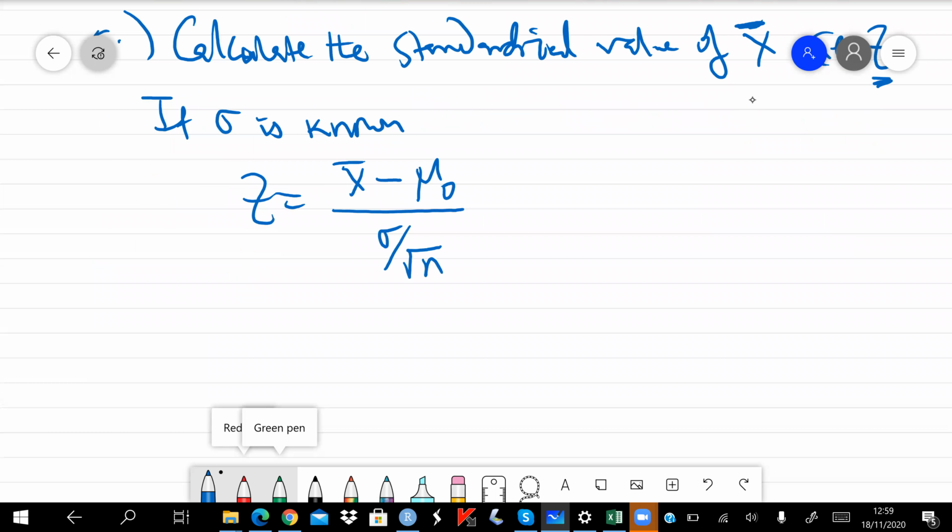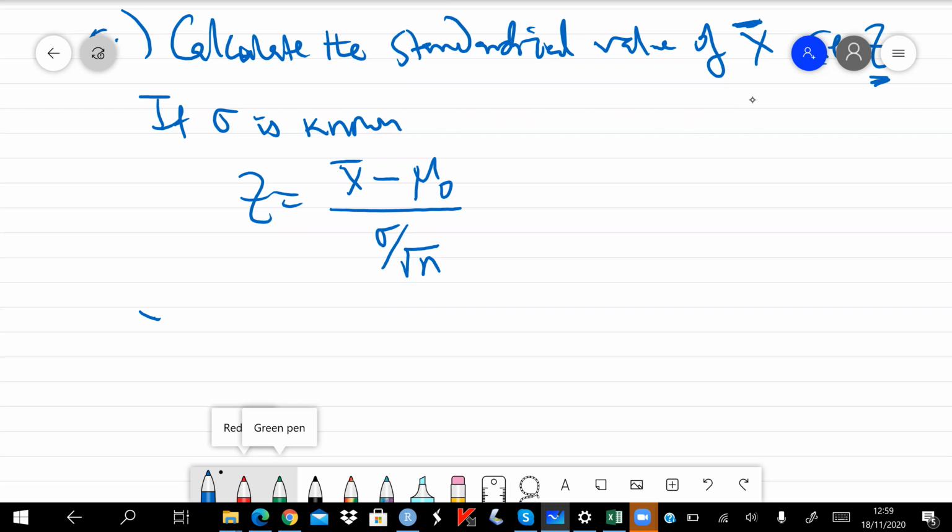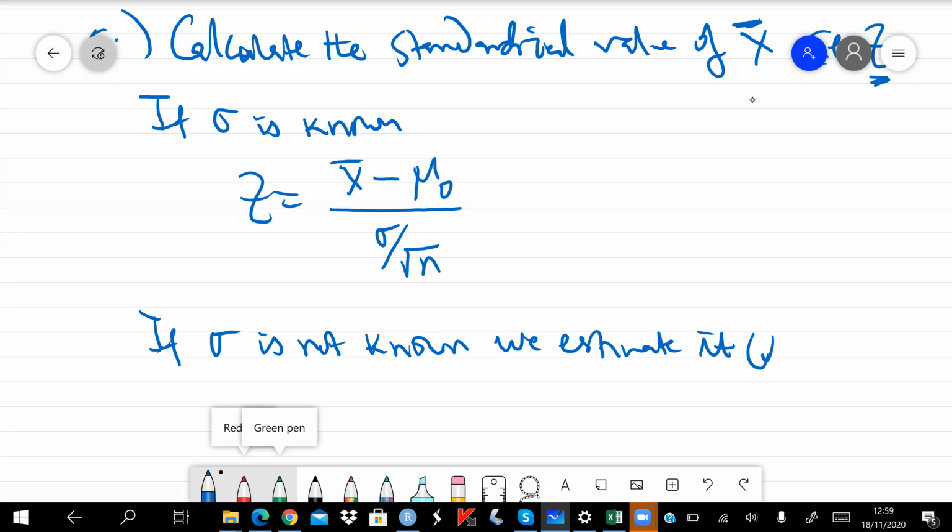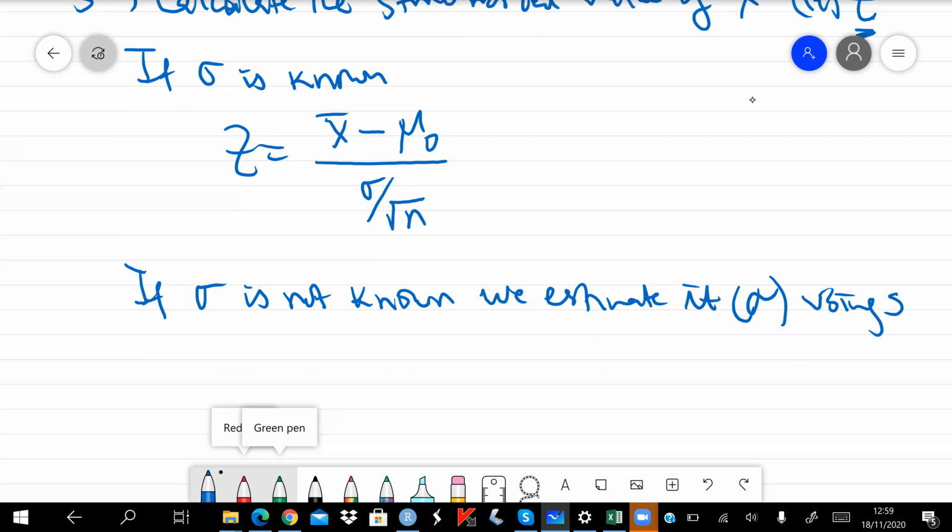Okay, that's a familiar formula. Then if sigma is not known, we estimate sigma using S and obtain Z as follows.